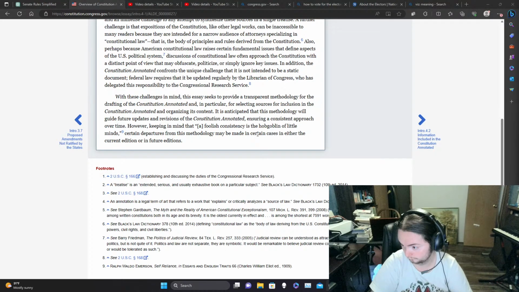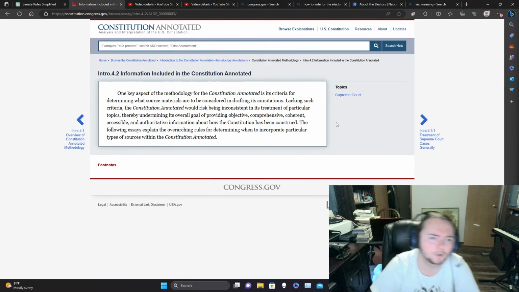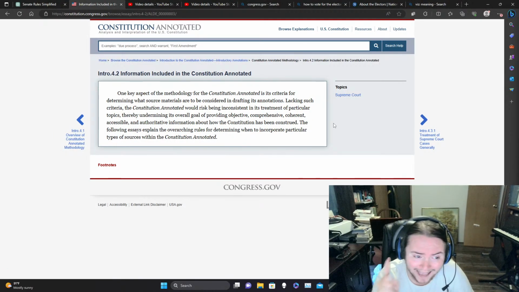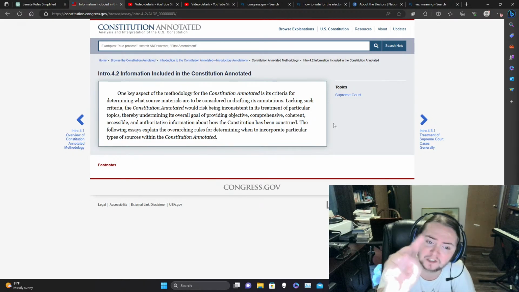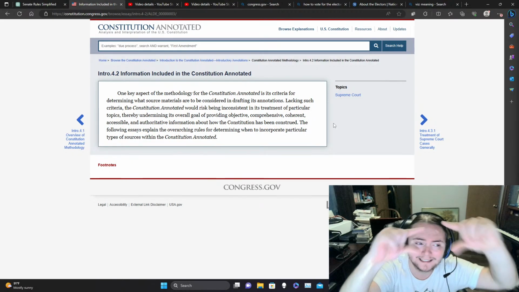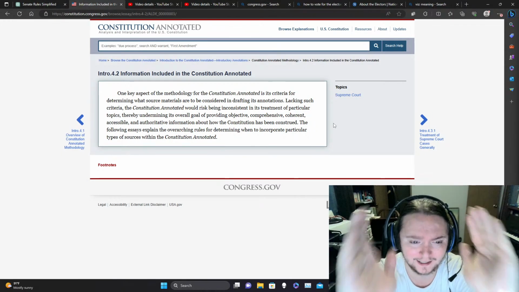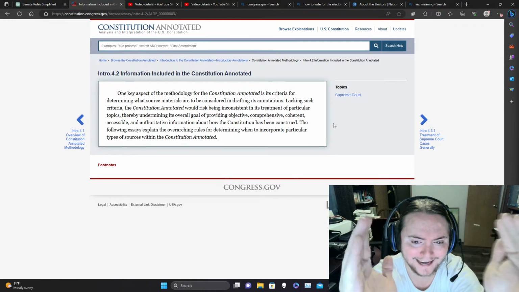Number 2, Information included in the Constitution Annotated. One key aspect of the methodology for the Constitution Annotated is its criteria for determining what source materials are to be considered in drafting its annotations.